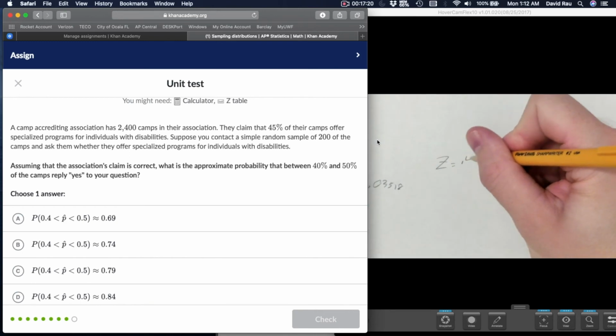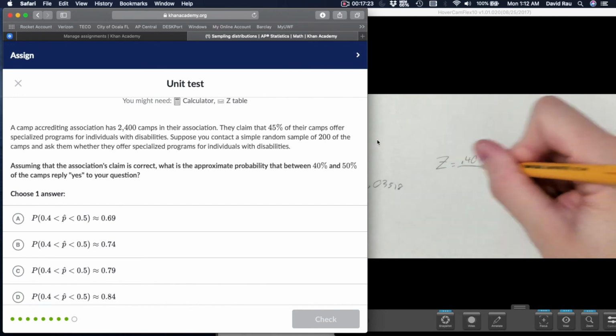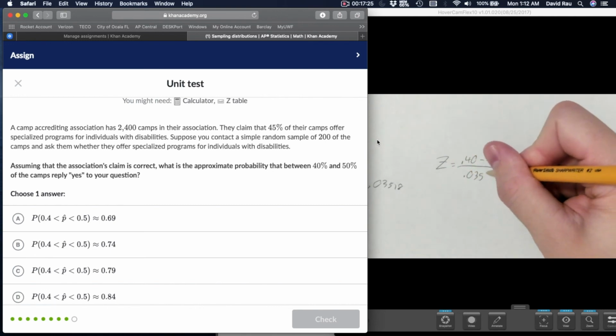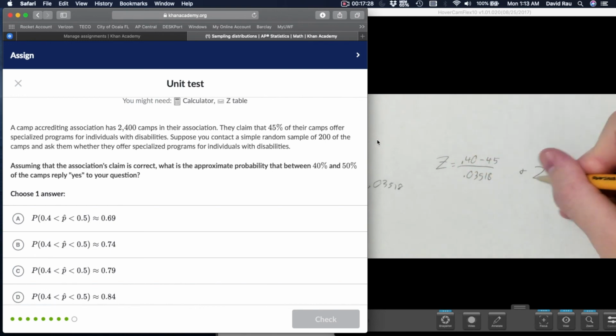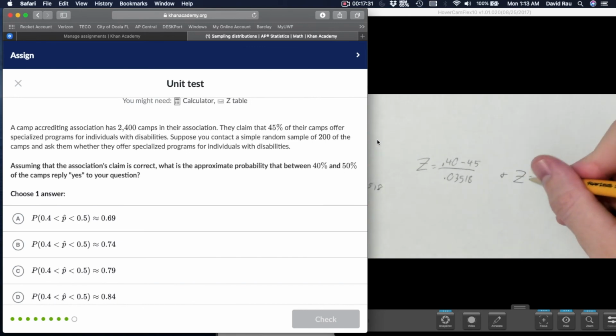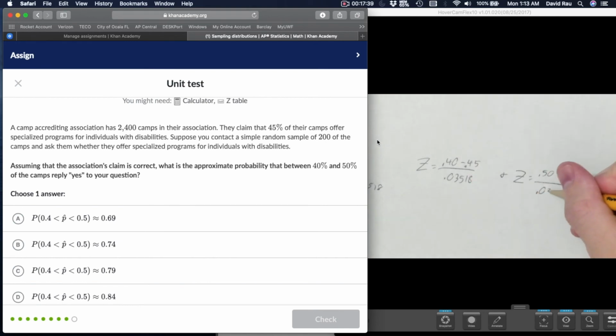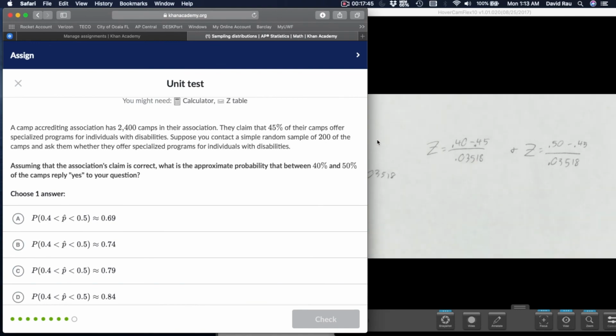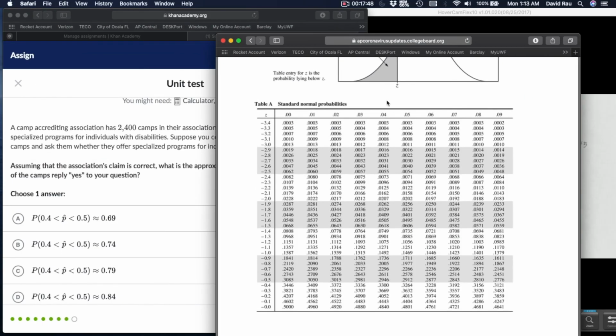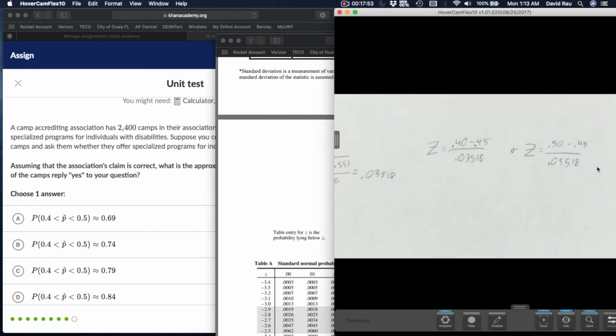The z-score of 0.4, and we need the z-score of 0.5, divided by the same standard deviation. Okay, now here's what I'm going to say. After you find both of these z-scores, find their associated area to the left as is, and then just subtract them.